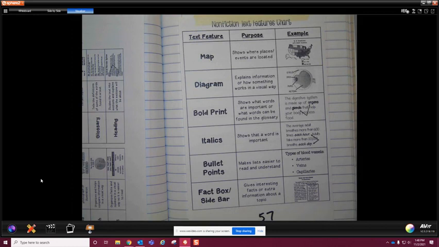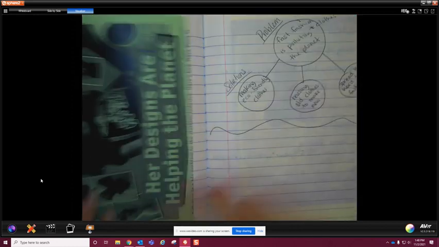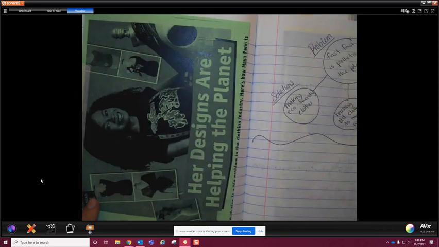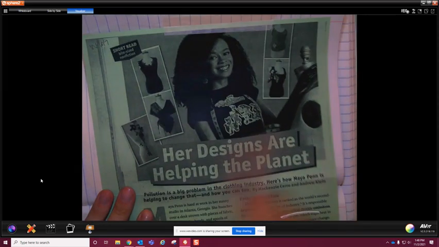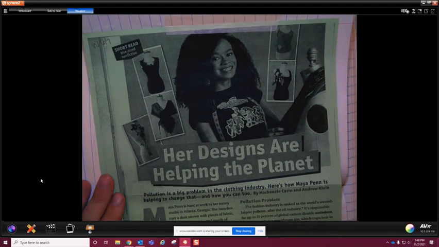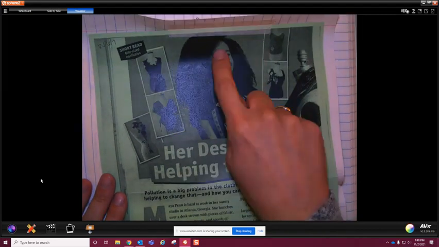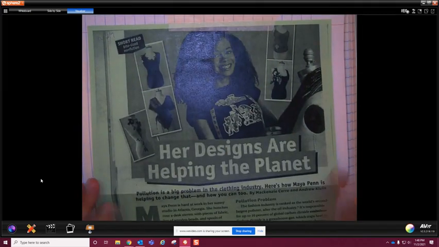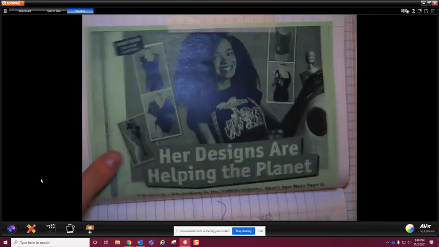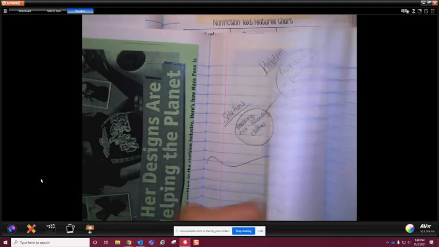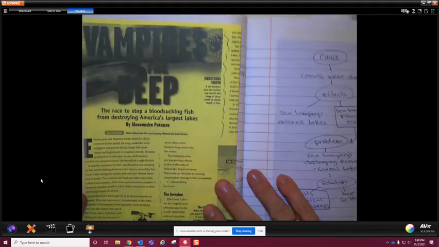But what I had them do is they had to go back into different mentor texts and they had to basically point out what they saw. So for example, if I was on this one, I could circle this and I would say that's a title. Or I would circle this and say that's a photograph. And they had to find 5 of them. Down here, this is a heading. So I just want you to be aware of that as you guys are reading different mentor texts and just anything that ends up happening.